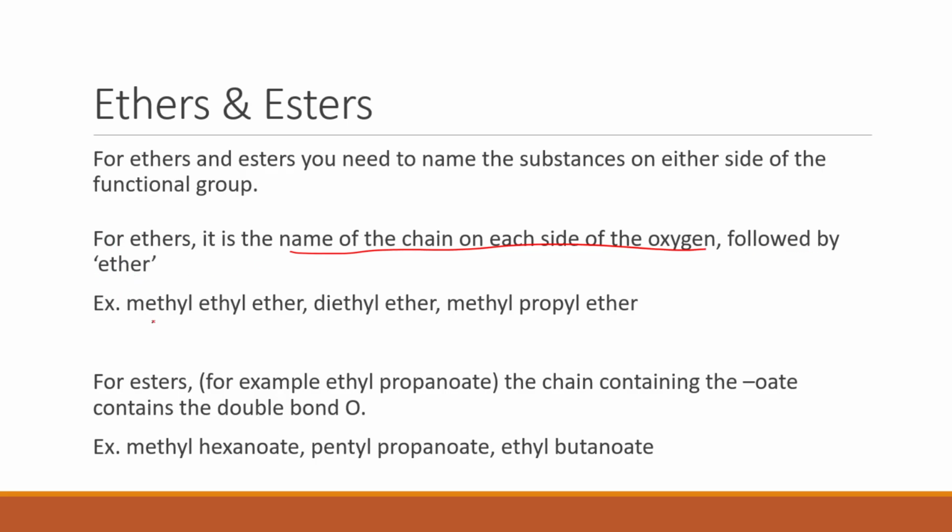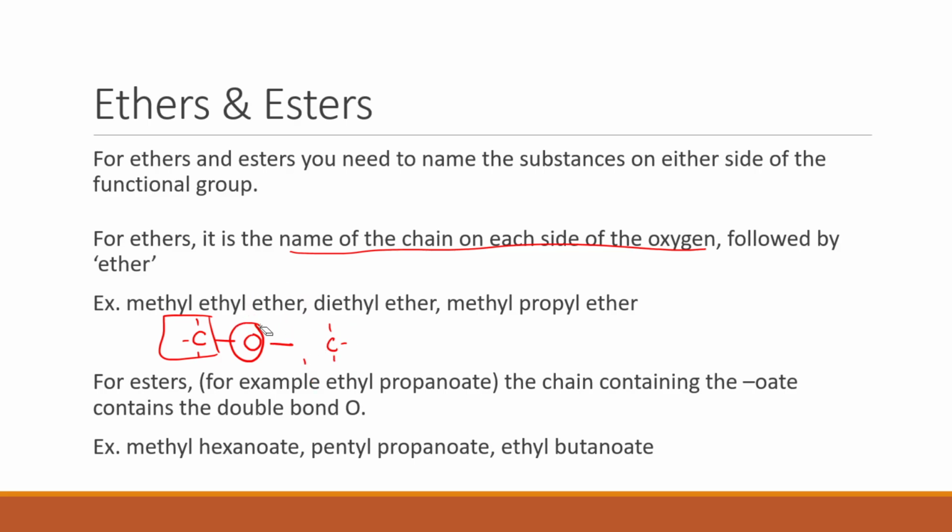So when I see something like methyl ethyl ether, I'm going to have a methyl group, one carbon, and an ethyl group, two carbons, connected by an O. So methyl ethyl ether will have two carbon branches, a branch and a branch, connected by an O. That's what makes it the ether.